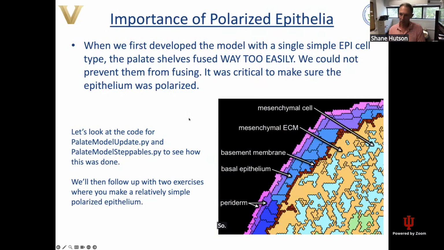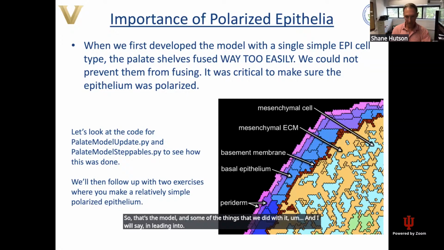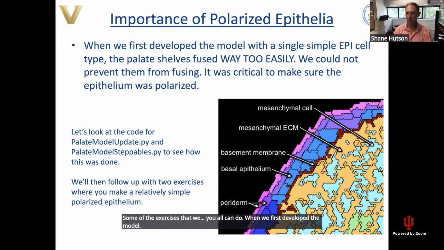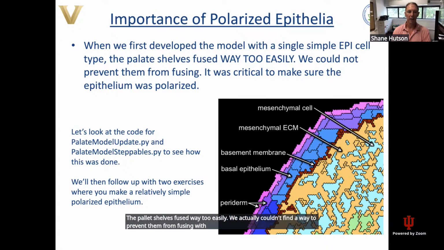So that's the model and some of the things that we did with it. And I will say, in leading into some of the exercises that you all can do, when we first developed the model with a single simple epi cell, we just had a simple epithelium across the outside of it. The palate shelves fused way too easily. We actually couldn't find a way to prevent them from fusing with one another.